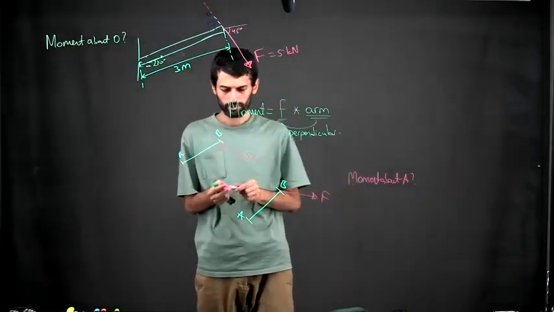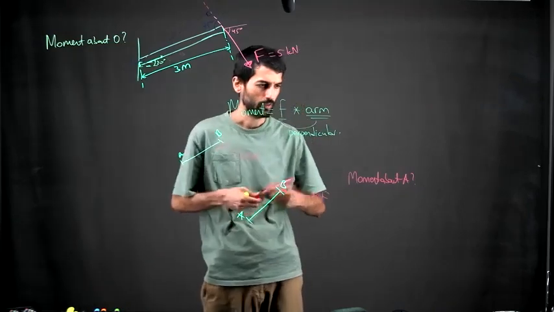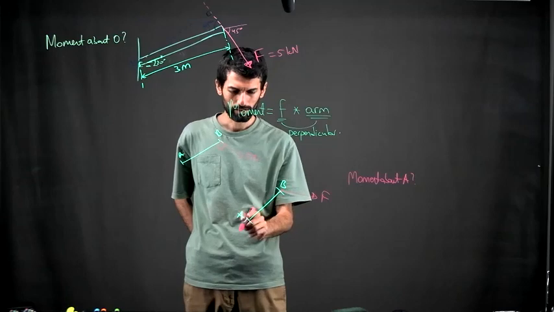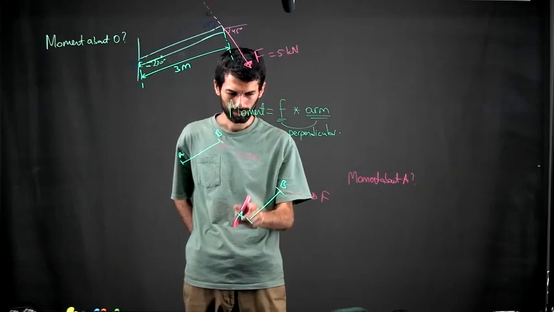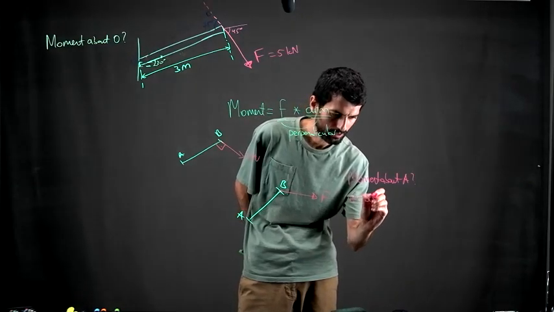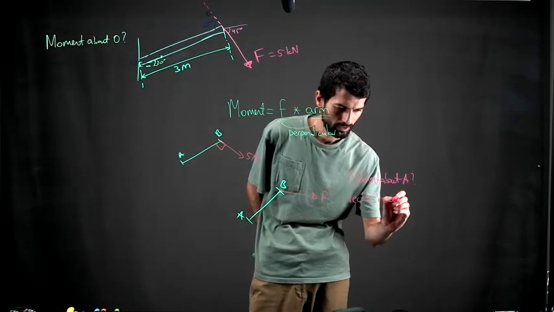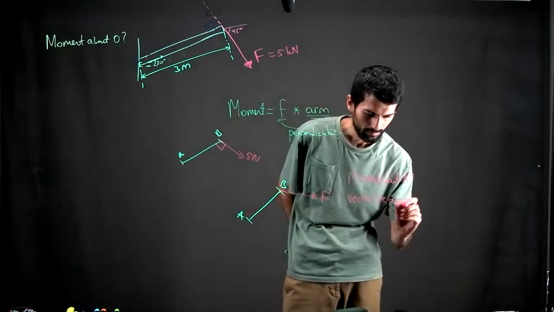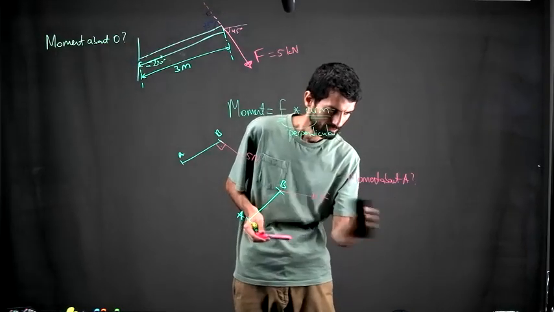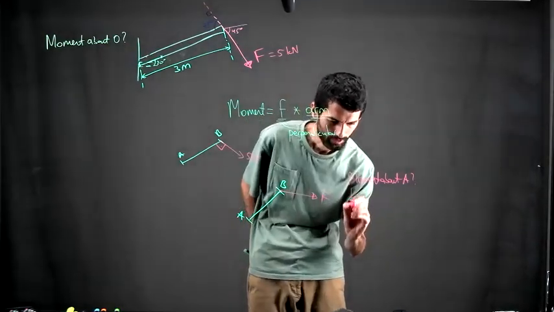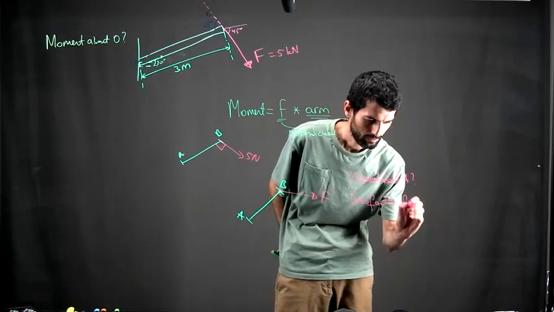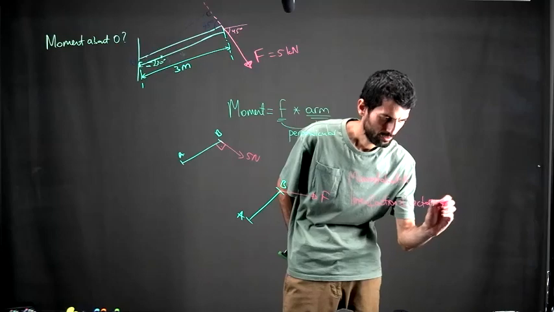So to find the moment about A, we need to find the arm of force that is perpendicular from point A. But we also know that the line of action of vectors is infinite.